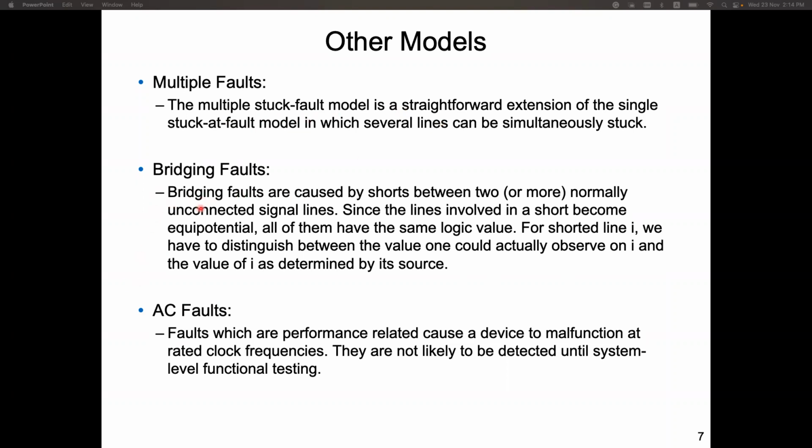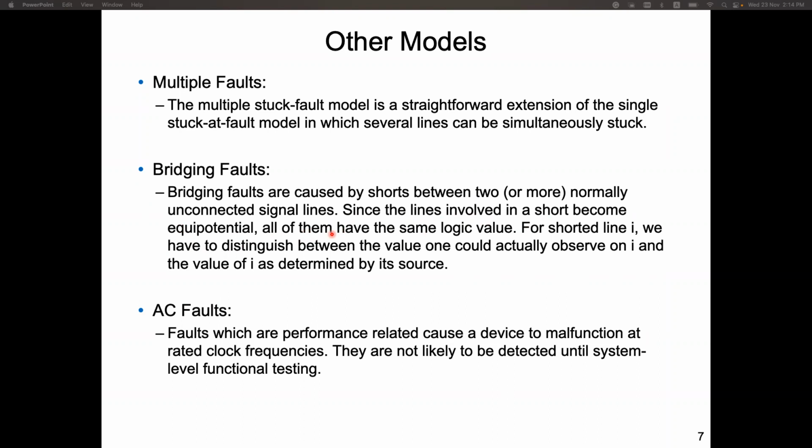Bridging faults are caused by shorts between two normally unconnected signal lines. So you have two wires that are accidentally shorted together. Since the lines involved in this fault have become equal in potential, they all have the same logic level.